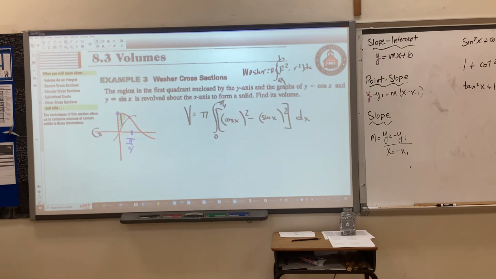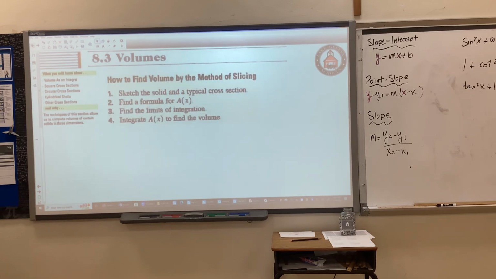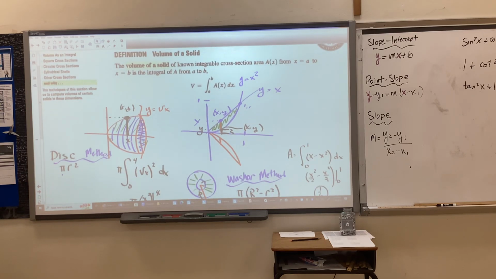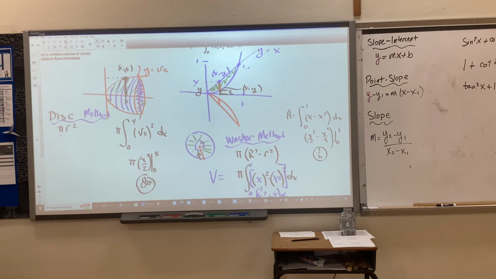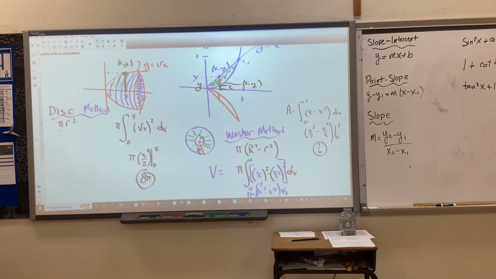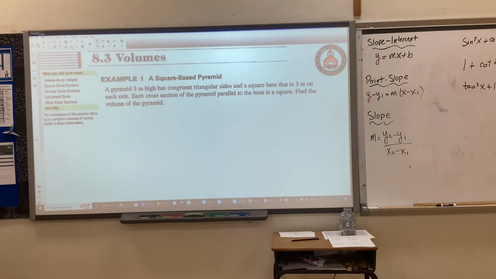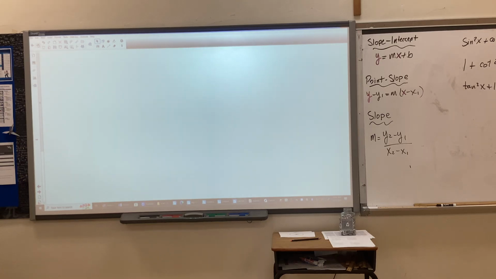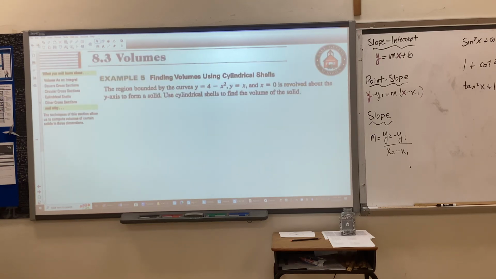That was this. This is not so bad. Why don't we do this one though around the x-axis, not the y-axis.